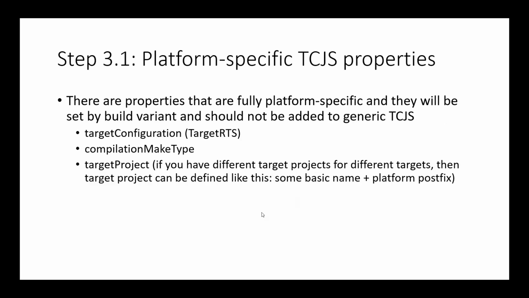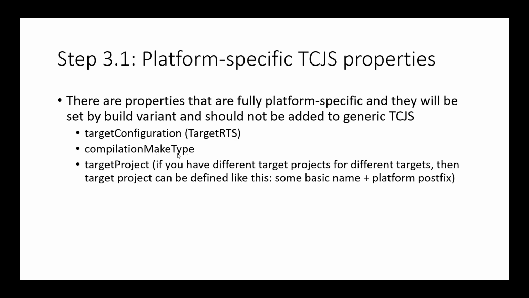I would like to mention that there are some properties that are fully platform specific, so they will not be added to your generic TCJS at all. These are fields like target configuration. This is target RTS. This field is always set by a build variant, so you shouldn't bother about this anymore for your common settings.